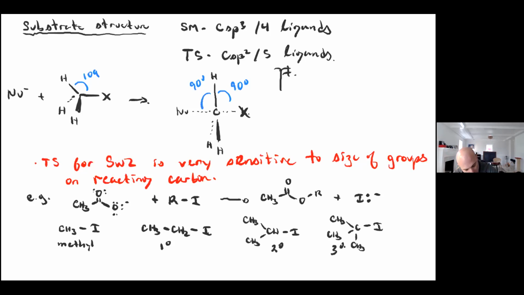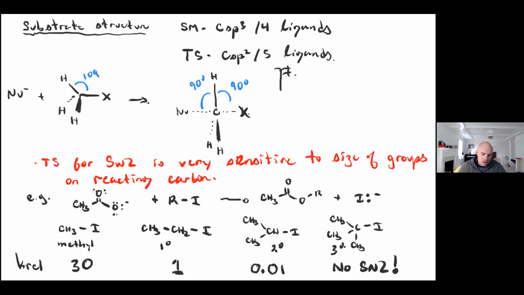And so we can measure the relative rates of these reactions, okay? If the iodoethane reaction is set to 1, the methyl iodide reacts 30 times faster, okay? And the isopropyl iodide reacts 100 times slower, and tert-butyl iodide does not react, okay?